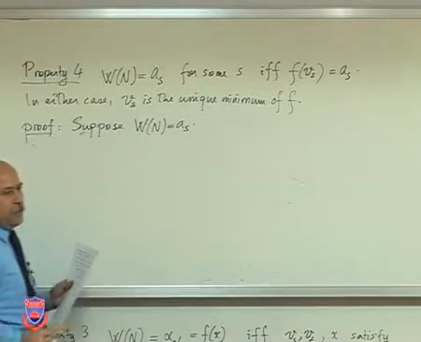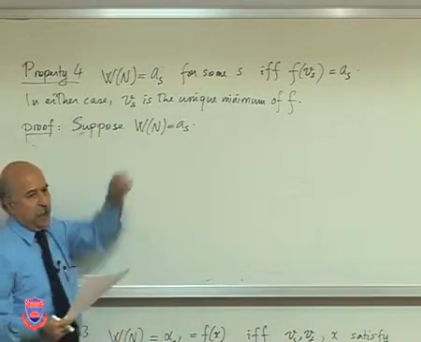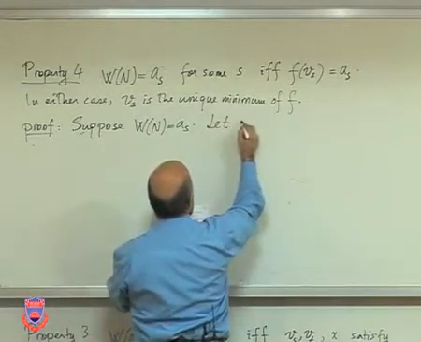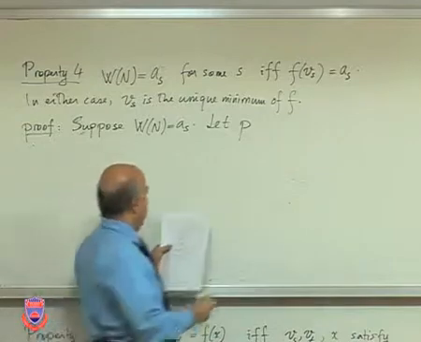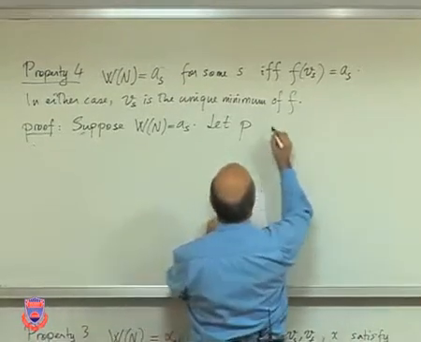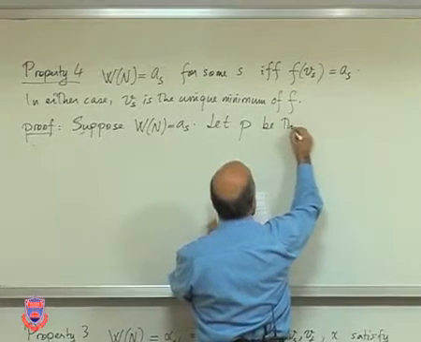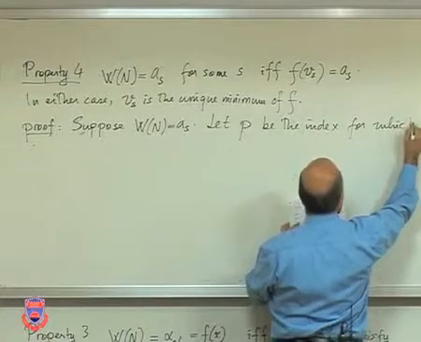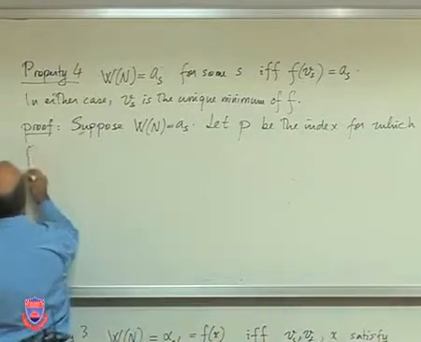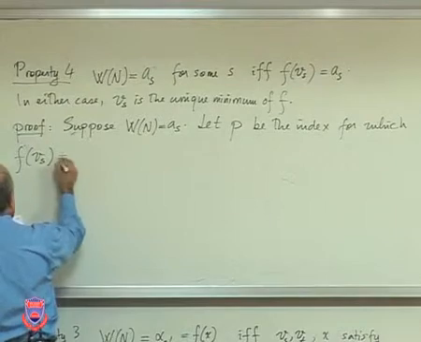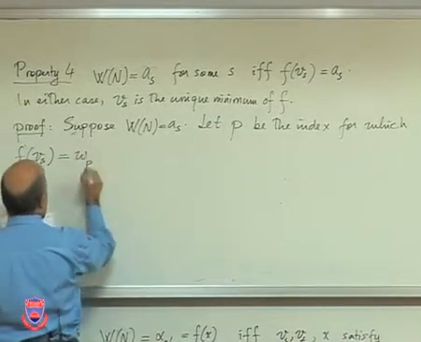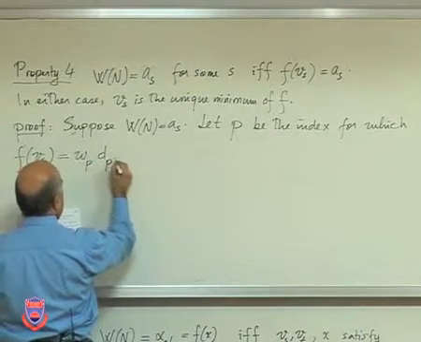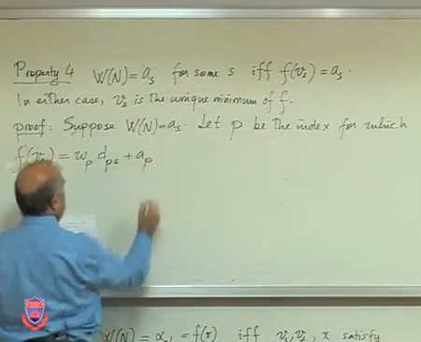So let's begin with necessity. So you assume Wn is equal to AS. Let's take an index P for which f of Vs equals... So let P be the index for which f of Vs is equal to Wp times the distance between P and S plus AP.